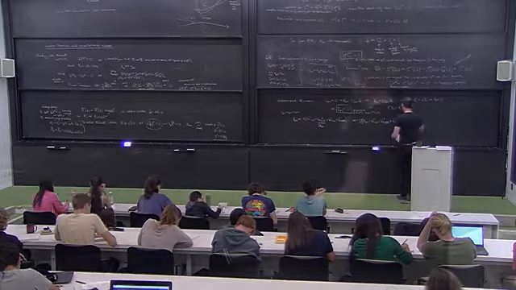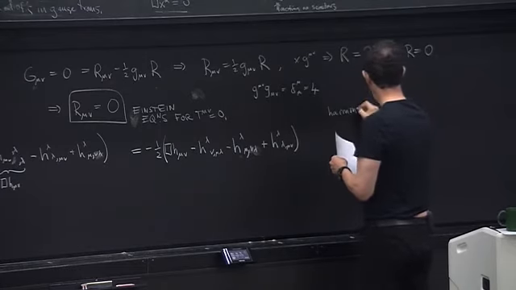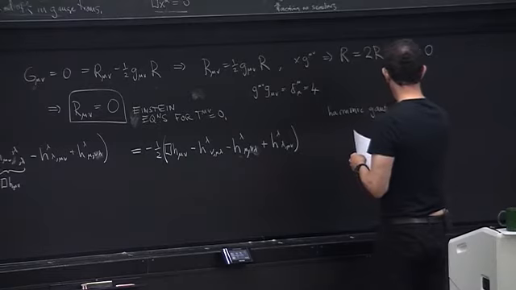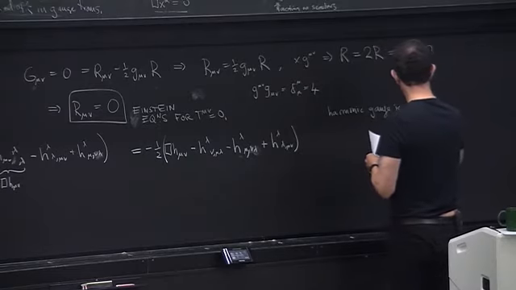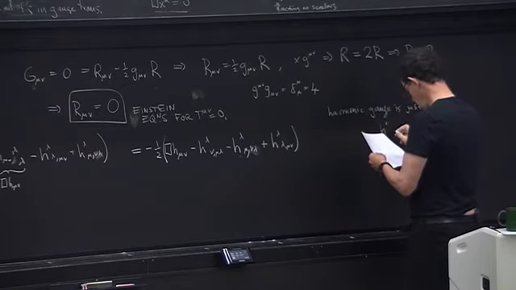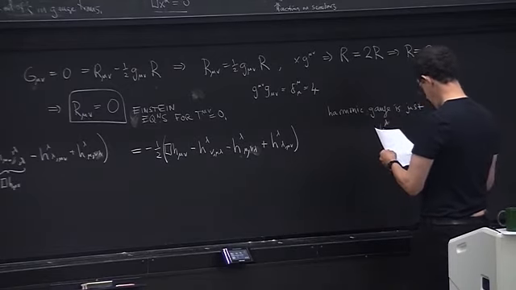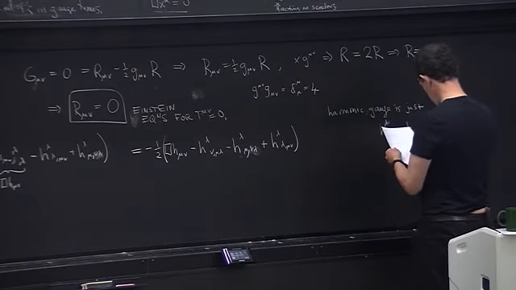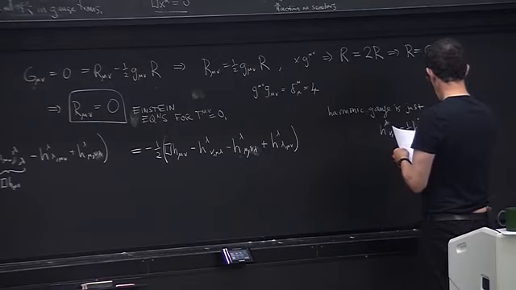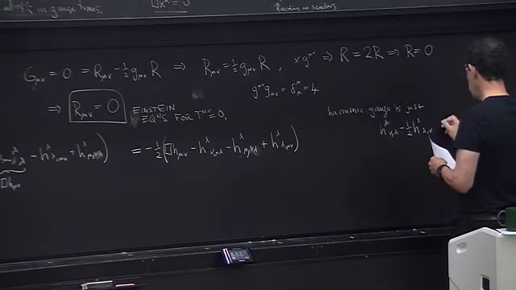Okay, so harmonic gauge is just h lambda nu comma lambda minus 1/2 h lambda lambda comma nu equals 0.